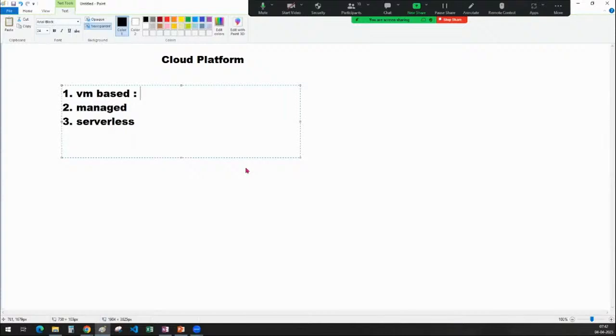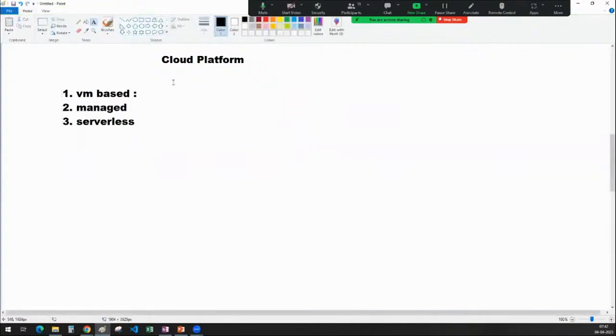In VM based services, for example, look at your laptop. If you want to work with Python coding or develop an application, you manually download software like Python, provide some resources to it, install it, and after that go for application development. Whatever the requirements, resources and infrastructure are required for your entire application development, you as a person take care of it.